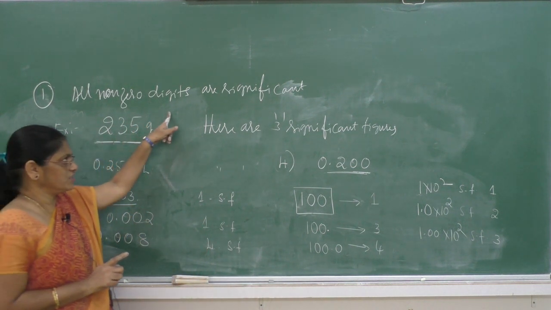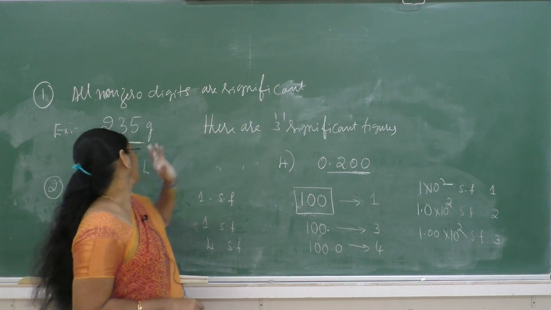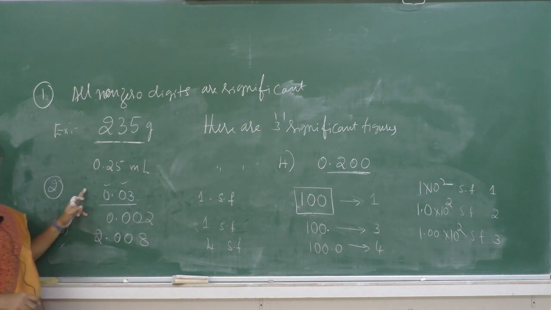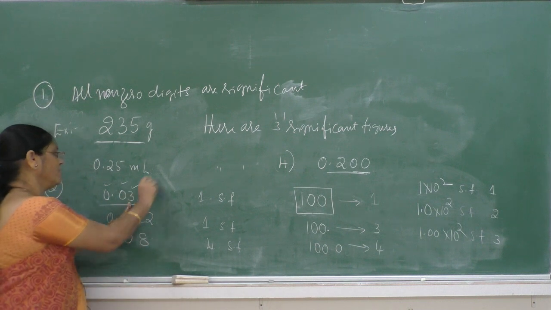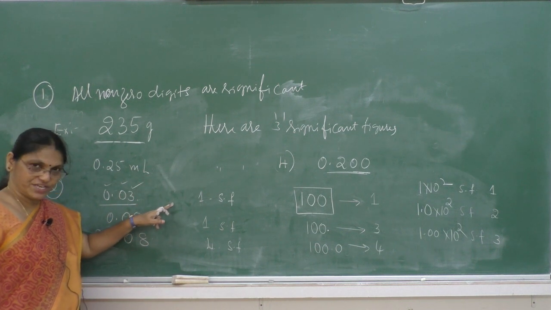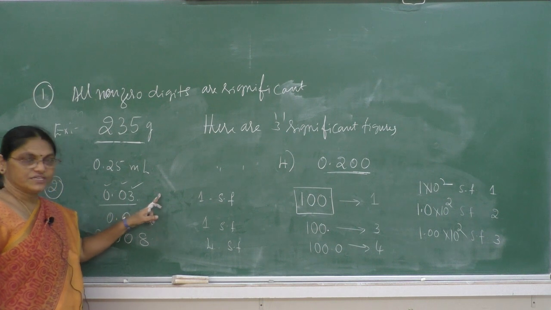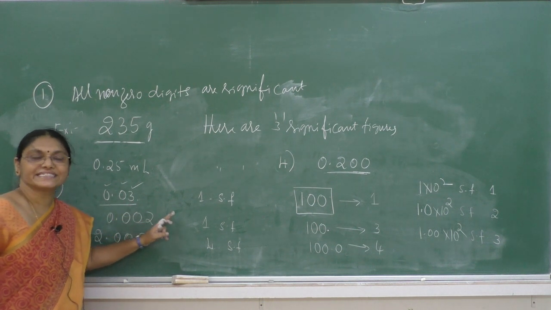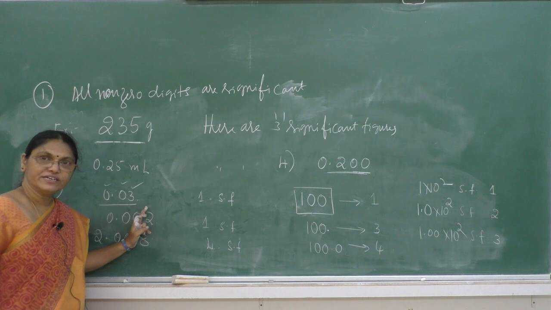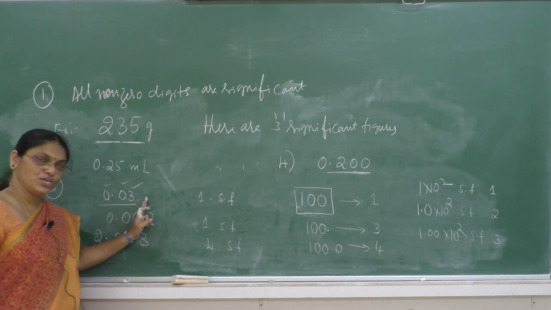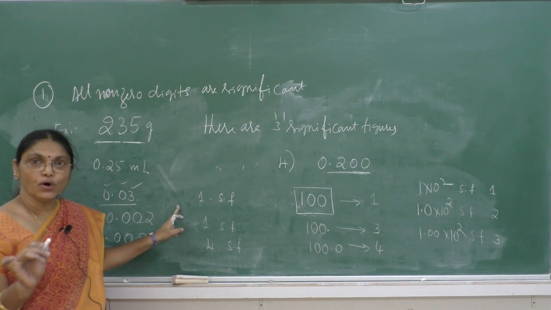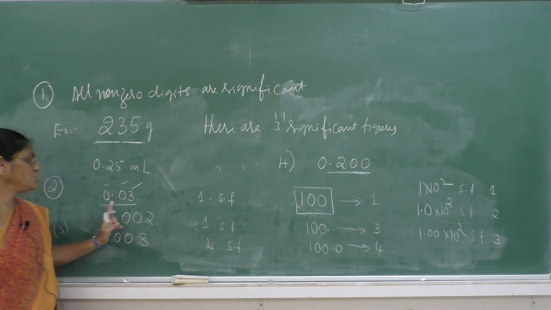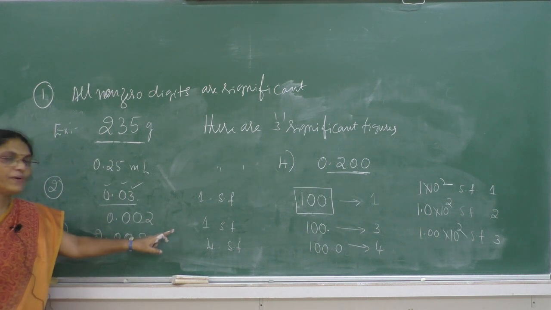Then in the second rule, the zeros preceding the first non-zero digit are not significant. Such zeros only indicate the position of the decimal point.